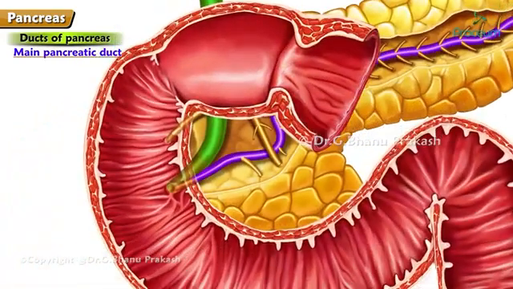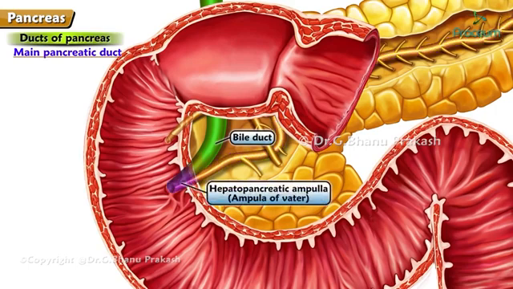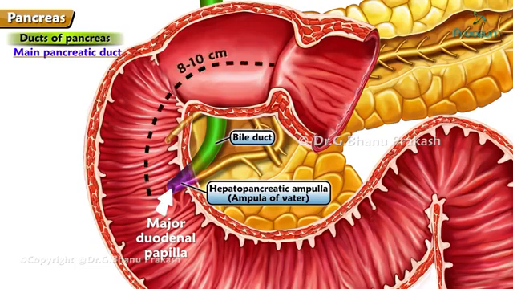It pierces the duodenal wall by joining the bile duct to form the hepatopancreatic ampulla of Vater, which opens into the descending part of the duodenum at the apex of the major duodenal papilla, which is 8 to 10 cm distal to the pylorus.